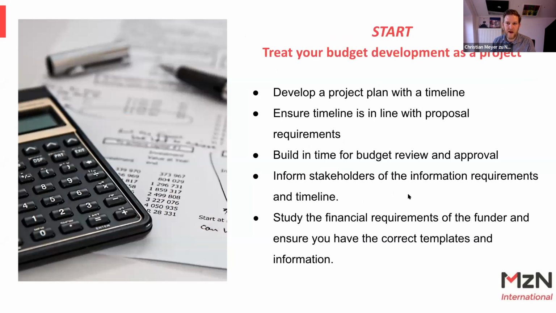Good. Start then. Treat your budget development as a project in itself. You can tell we are talking about the budget a lot because that's where we fail a lot. Develop the project plan with a timeline and make sure that that timeline fits the proposal requirements, of course. And then at that point, build in time for your budget review and approval.